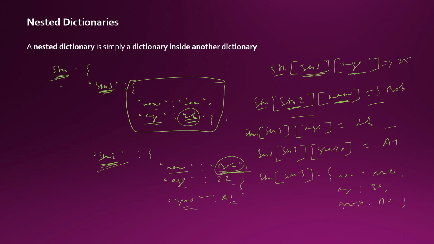So it will insert a new key and new value in my main dictionary, student. This is how we can access any item value from a nested dictionary, update any value, and insert a new value in a nested dictionary.